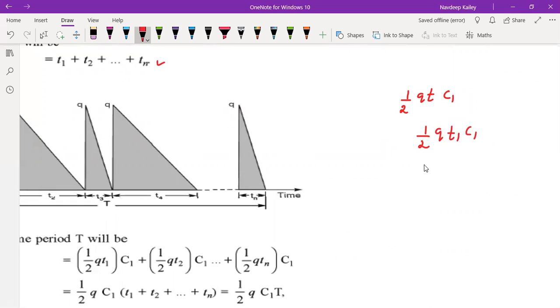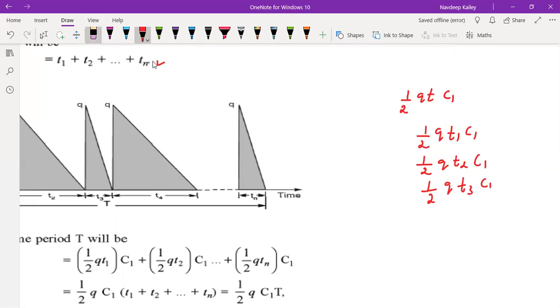If the time interval is T2, then the holding cost is half Q T2 into C1, as the holding cost is the same. Now, if the time interval is T3, then the holding cost is half Q T3 into C1.